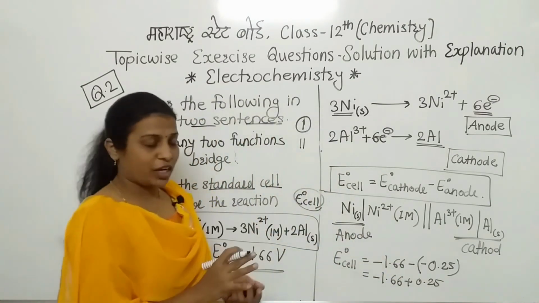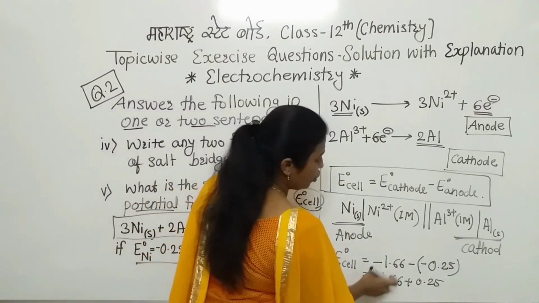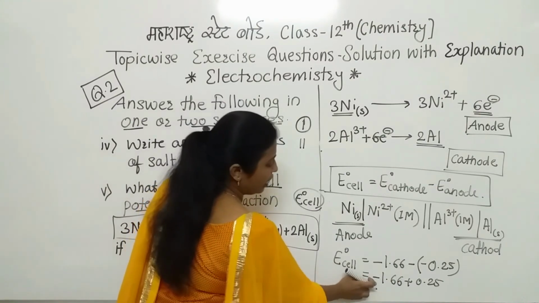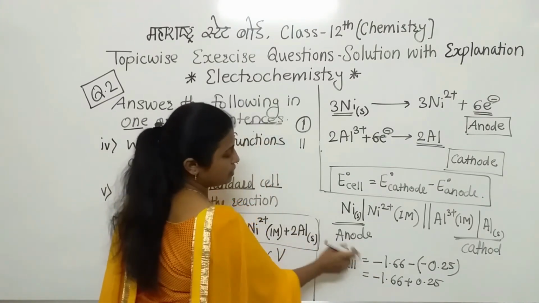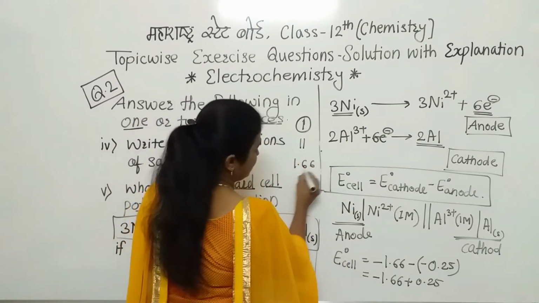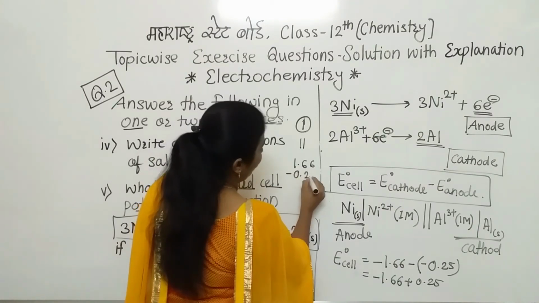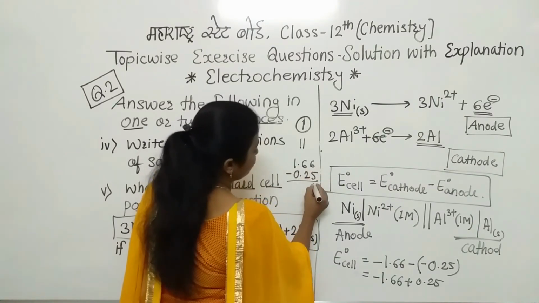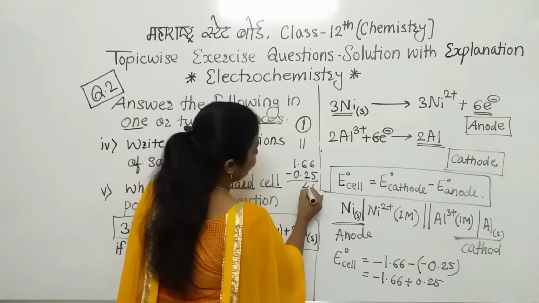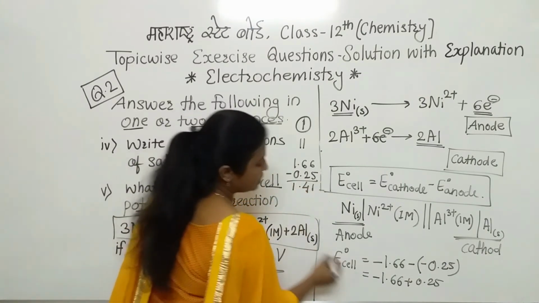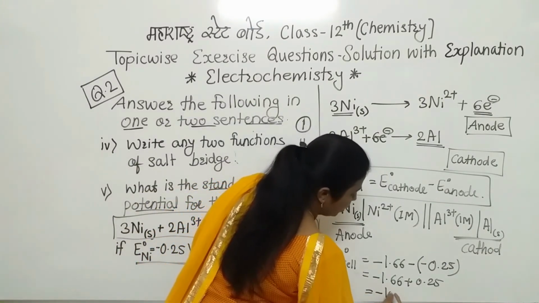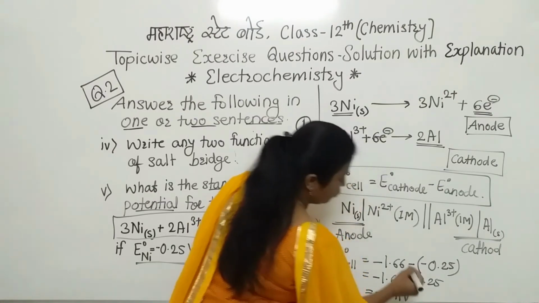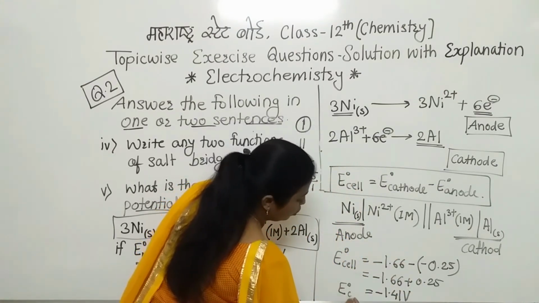Here it will be a subtraction, and the sign will be that of 1.66, the negative sign. See, 1.66 minus 0.25: 6 minus 5 is 1, 6 minus 2 is 4, 1.41, so its answer will be minus 1.41 volt. This is the E naught cell.